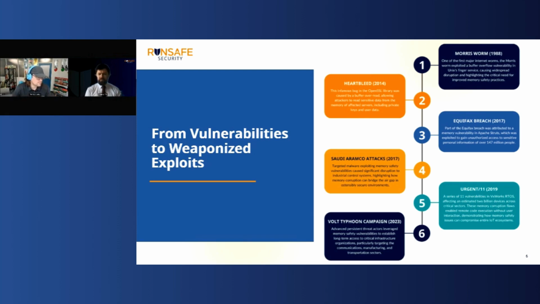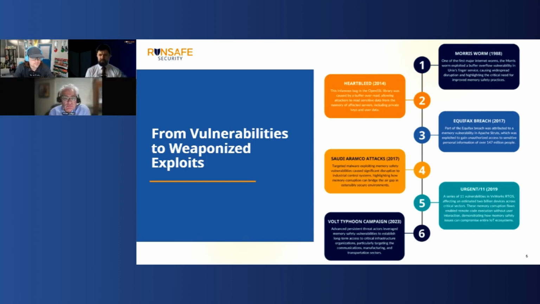And then Urgent/11 back in 2019, there were 11 vulnerabilities and the majority of those were memory safety vulnerabilities. And we're seeing even today, and for the last couple of years, the various Typhoon campaigns, Volt Typhoon, Salt Typhoon, Flax Typhoon, targeting those memory safety vulnerabilities as well.